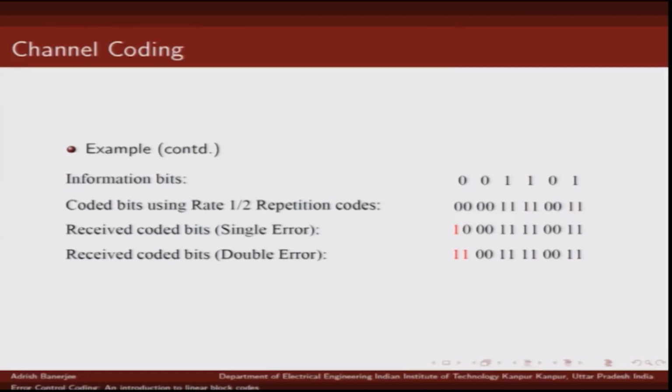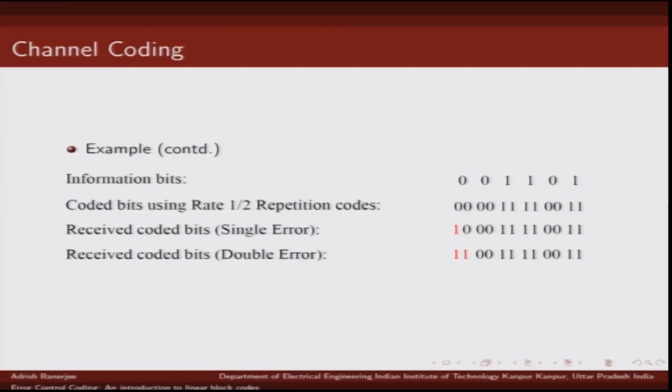So, we do not know whether the first bit got flipped to 1 instead of 0, or the second bit got flipped to 0 instead of being 1. So, this rate 1/2 repetition code cannot correct any errors. It can only detect single errors.